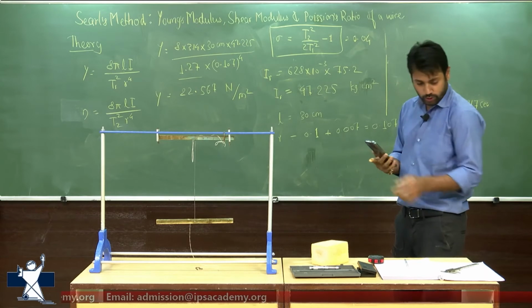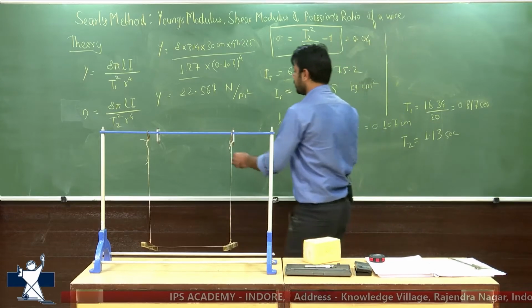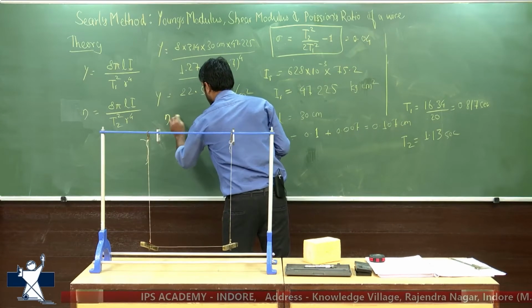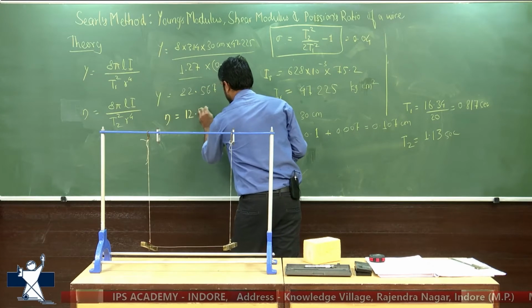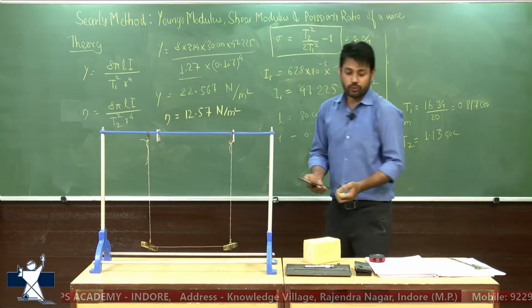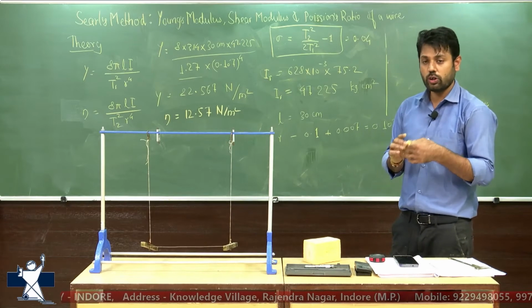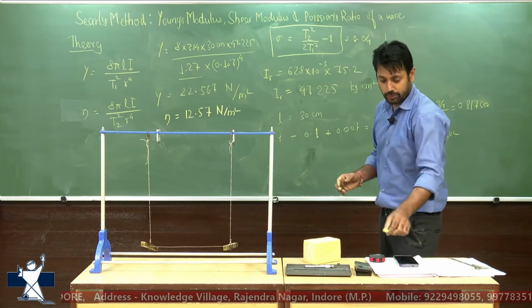So the value we calculated for eta, the shear modulus, is equal to 12.57 Newton per meter square. So again we need to be very careful about the units we put in the quantities, because without the units the quantities are meaningless.